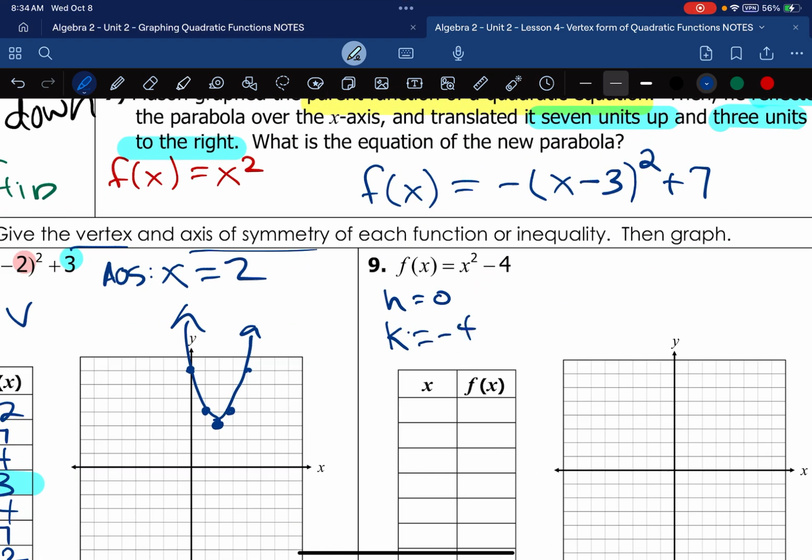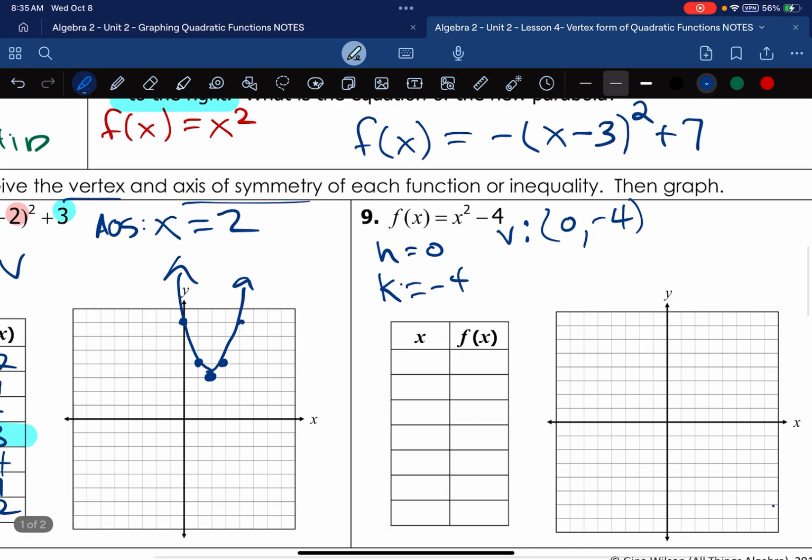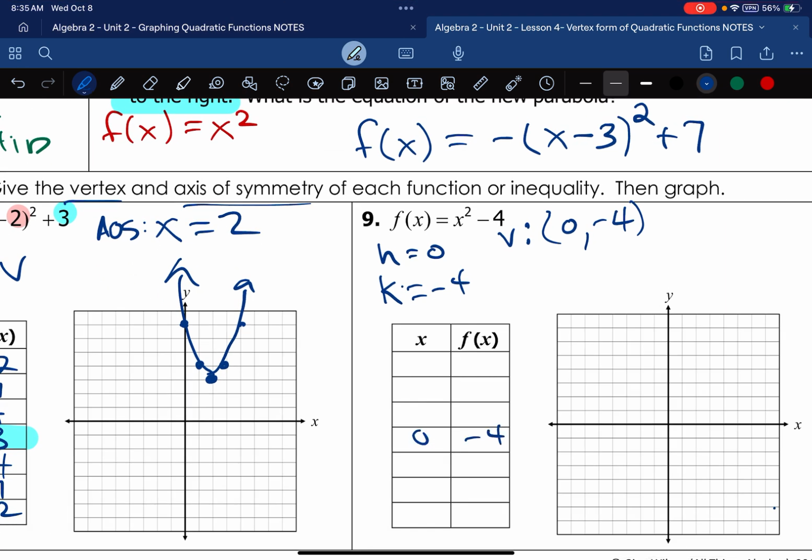So h is 0 and k is negative 4, so my vertex is h comma k, or 0 comma negative 4. We're going to put that in the middle of our table. Our axis of symmetry is x equals the x of our vertex, so x equals 0.